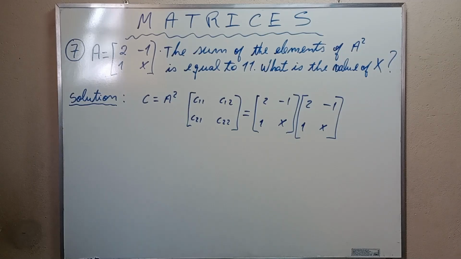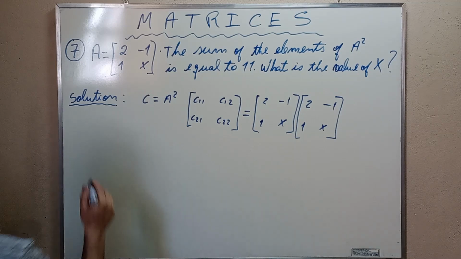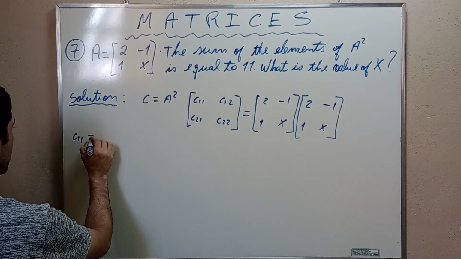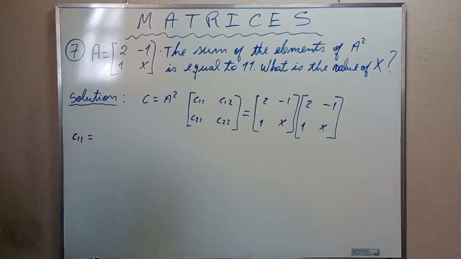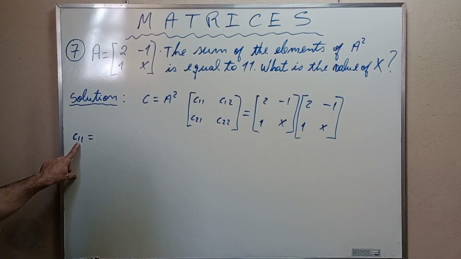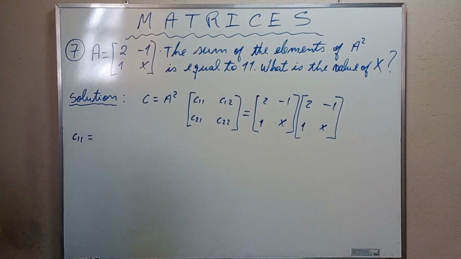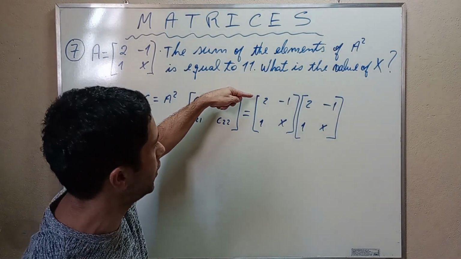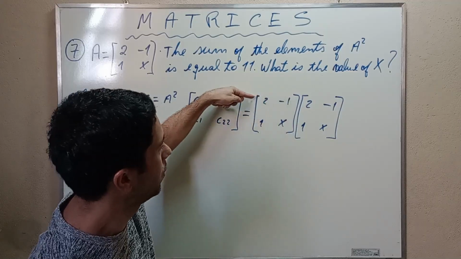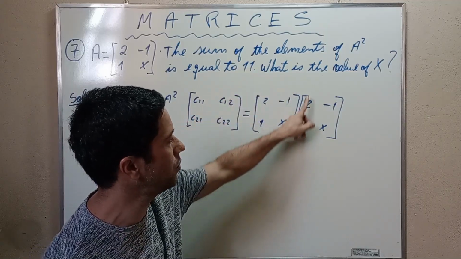Alright, let's work on each element of C one at a time. C11 is going to be obtained from the multiplication of the first row of the first matrix with the first column of the second matrix. Okay? This row here times this column here.